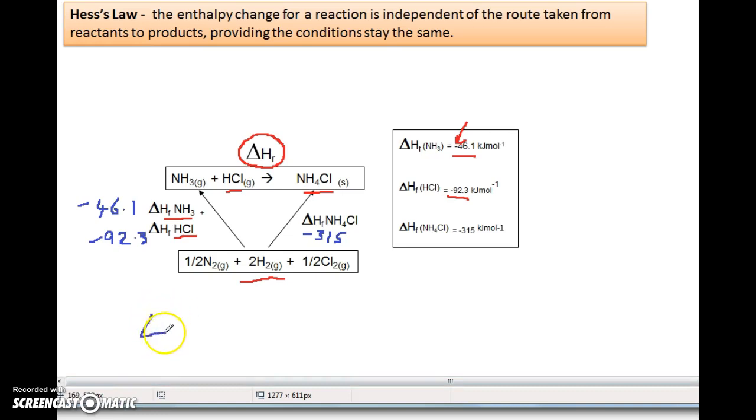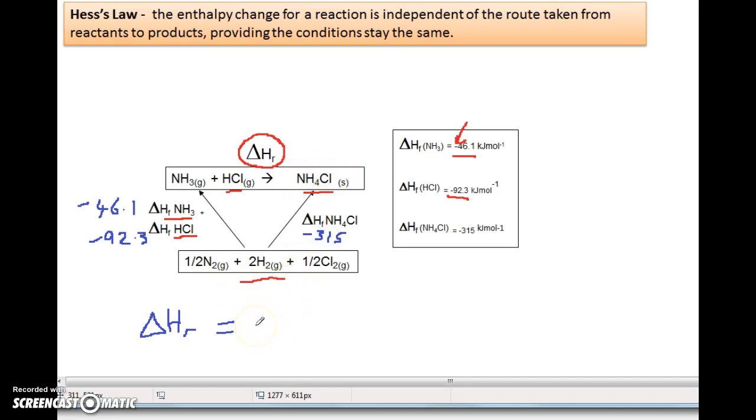Now, delta H reaction, that's the enthalpy change for the reaction at the top there, is going to be equal to the enthalpy change to go from these compounds on the left hand side back to the elements and then forward along this arrow to make the ammonium chloride.